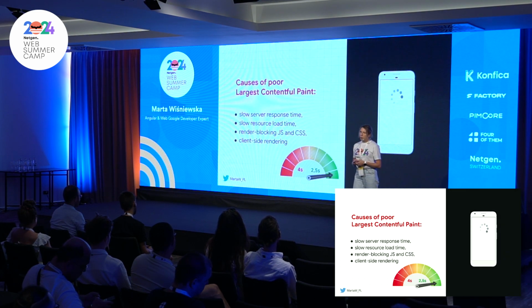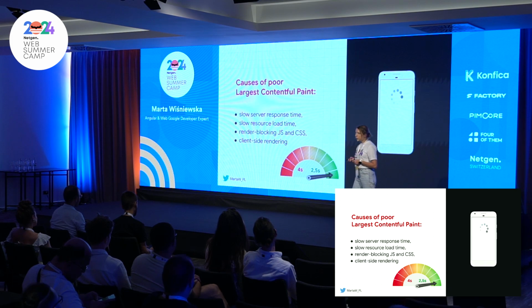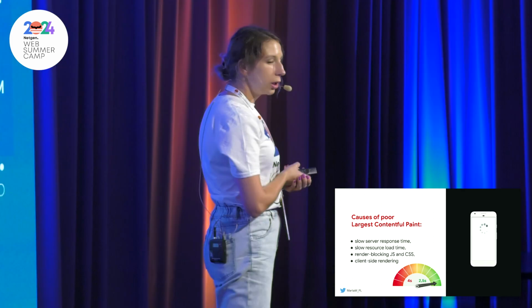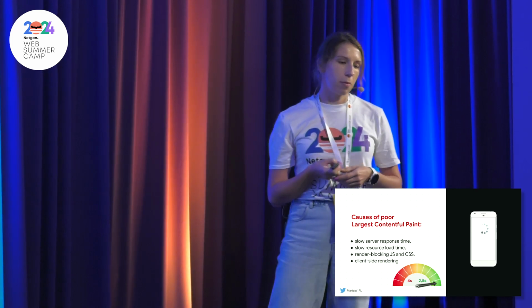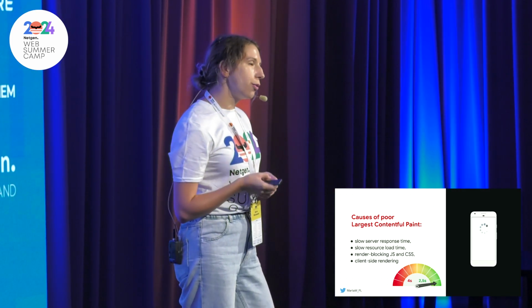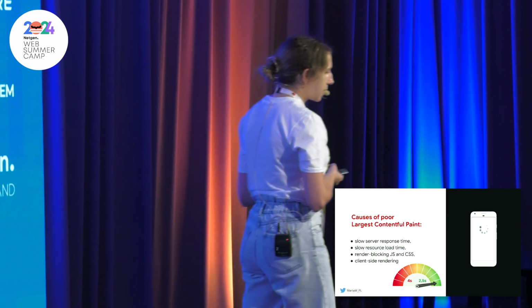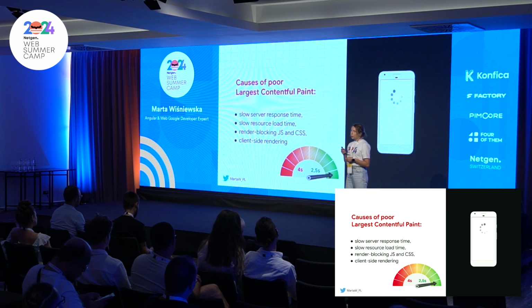And now I want to tell you about each of these metrics. I will tell you what are normally the reasons of poor results for them and how you can also improve it. So for the first metric that is related to the loading time, the first issue is slow server response time, because if the server responds too late, let's say to the request for the resources to load the largest content element, it means that also the loading time of this element will be delayed.